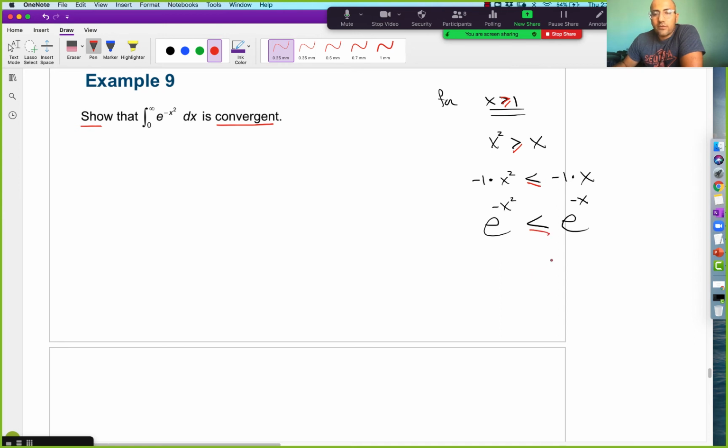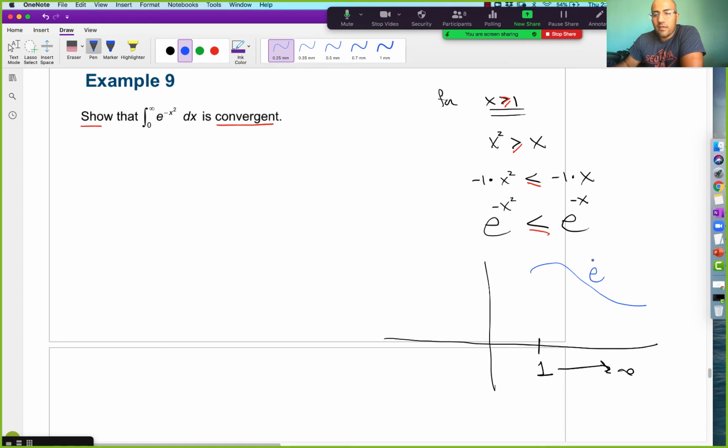So on the number line, without really graphing each of these, I've just established that starting at 1 out to infinity, it must be true that this function here, whatever it looks like, e to the negative x, is always bigger than or equal to this function, whatever it is.